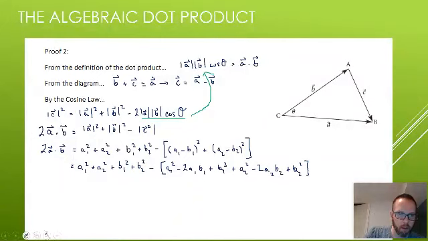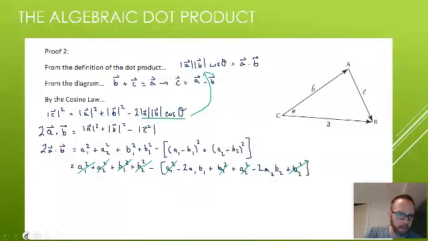And we're almost done. Check this out. We have A1 squared and another A1 squared, subtracting. A2 squared, we're subtracting this A2 squared. This B1 squared, we're subtracting it. This B2 squared, we're subtracting it. And all we're left with is subtracting negative 2A1B1 and subtracting negative 2A2B2.